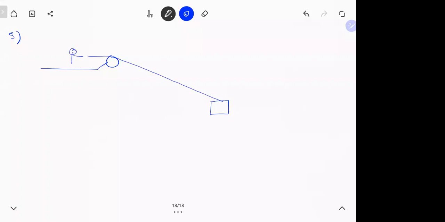So there's a person here who is holding a string and is applying a force F, 10 newtons. On the other side, there is a block.